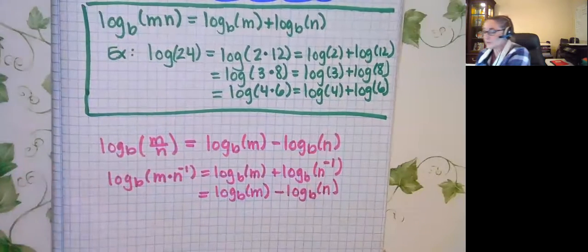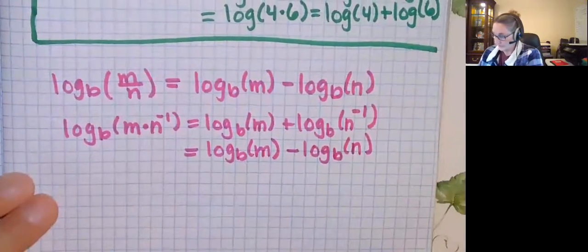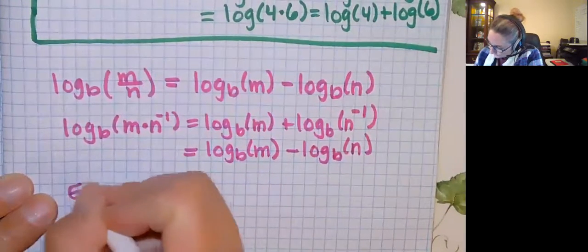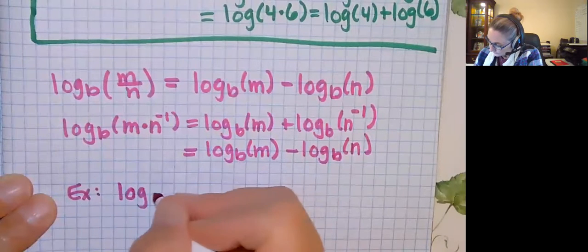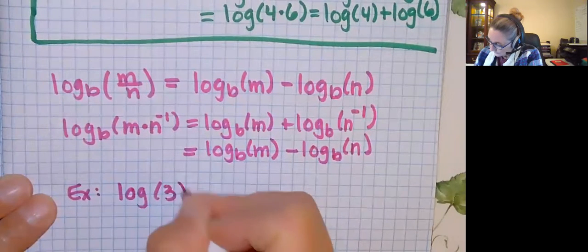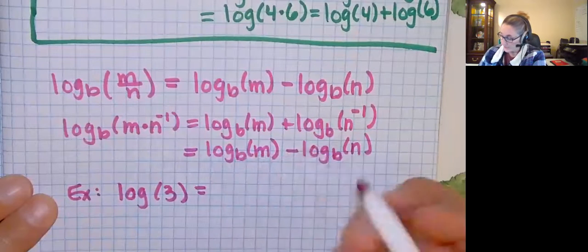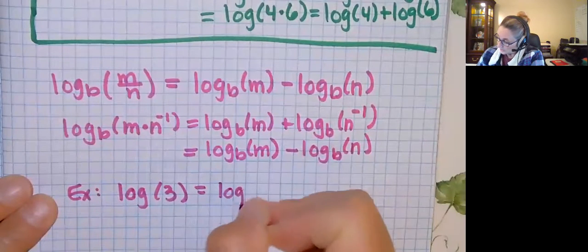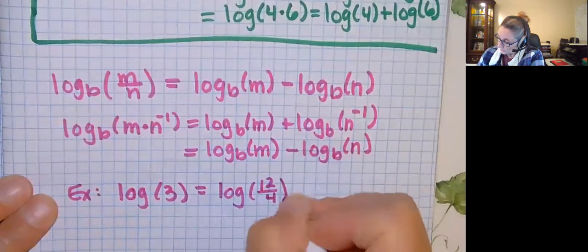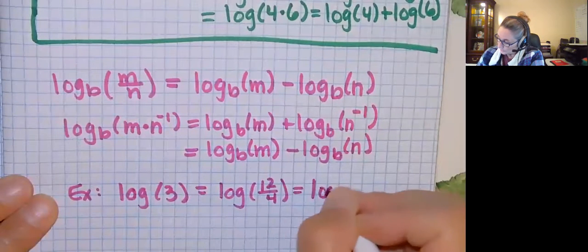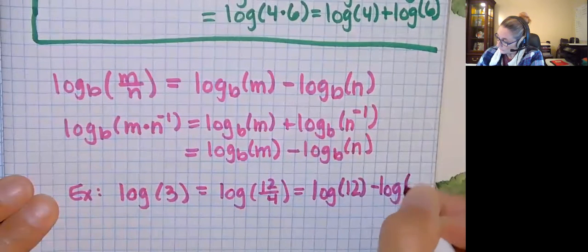Okay. So let's say I do an example. Let's say I have log of 3. Now I can think of log of 3 as maybe log of 12 over 4. So that would be equal to log of 12 minus log of 4.